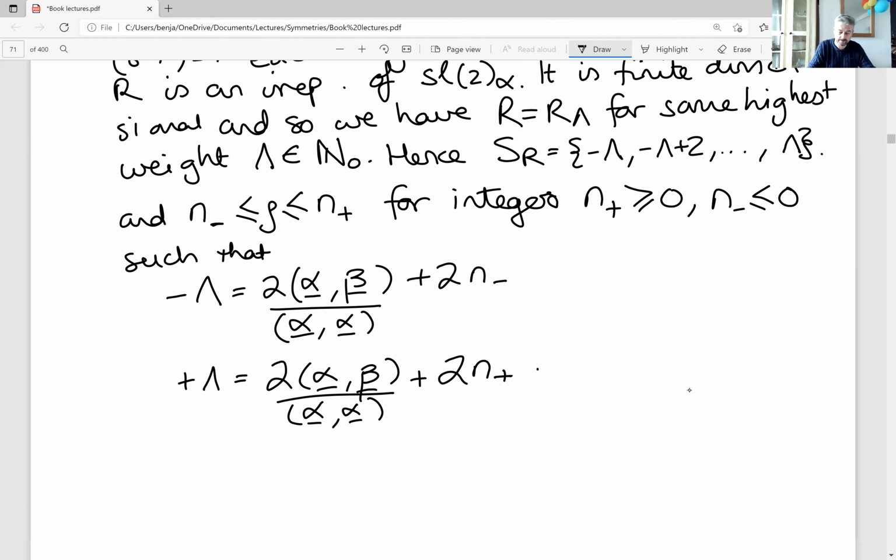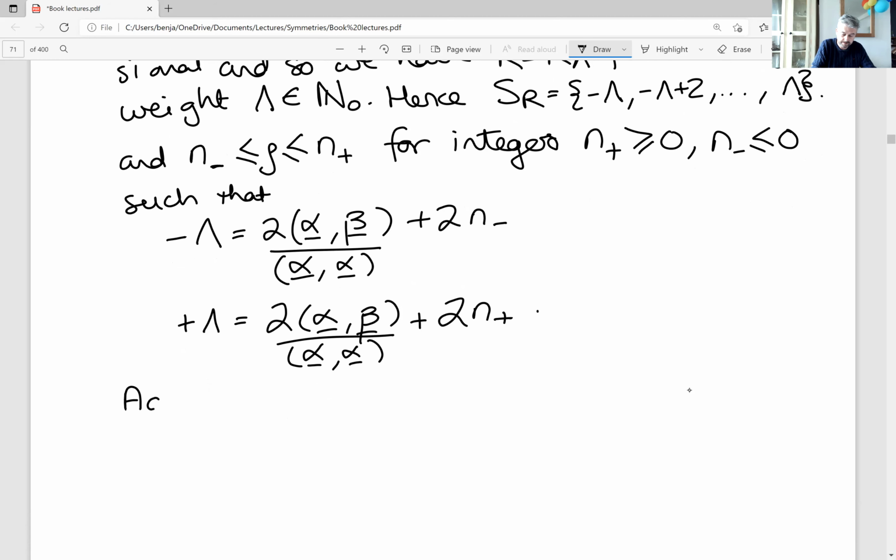So we add these two equations, and we obtain an important constraint.